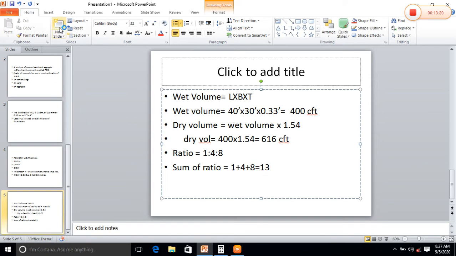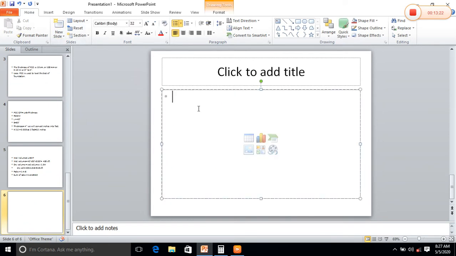Now we have to find cement quantity, sand quantity and aggregate quantity.